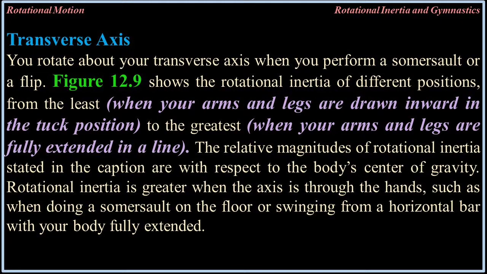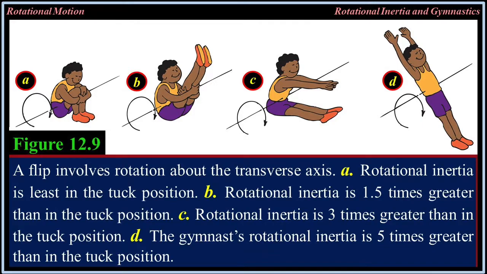Transverse axis. You rotate about your transverse axis when you perform a somersault or a flip. Figure 12.9 shows the rotational inertia of different positions, from the least when your arms and legs are drawn inward in the tuck position to the greatest when your arms and legs are fully extended in a line.